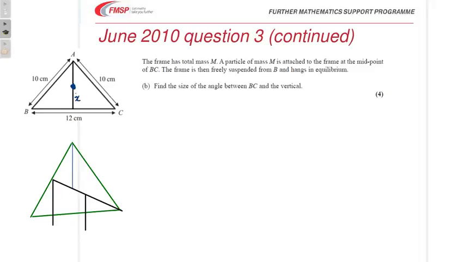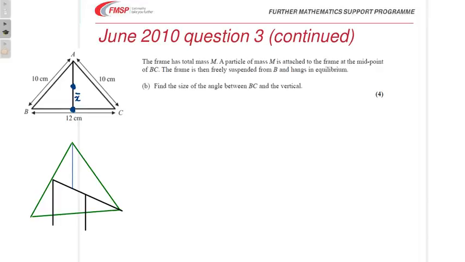In this second part of the problem, they say the frame has total mass capital M, and another particle of mass M is attached at the midpoint of BC, and then it's freely suspended from B and hangs in equilibrium. This is one of those questions where we've got to find the angle, in this case the angle between BC and the vertical. So you have to take a moment to think about what it might look like hanging like that, and I've had an attempt at it.